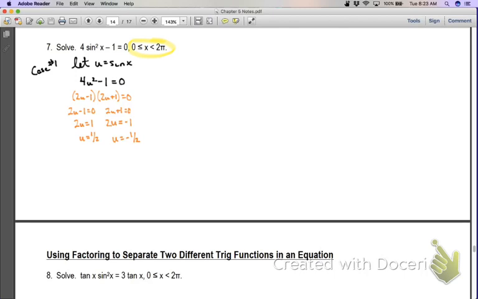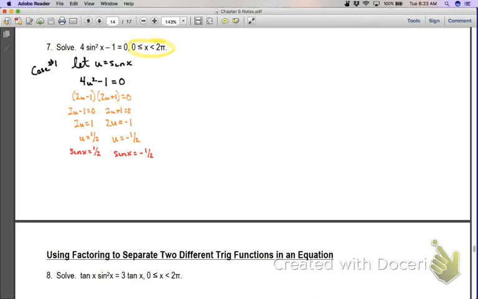So again, what is u? U is sine of x. So when is sine of x positive 1/2? When is sine of x equal to negative 1/2? Essentially here, what are you going to do? You're going to put every single spot where you have a y value of being either 1/2 or negative 1/2.